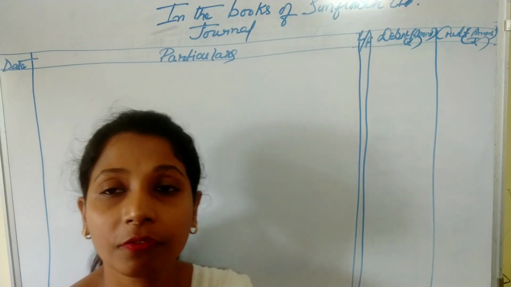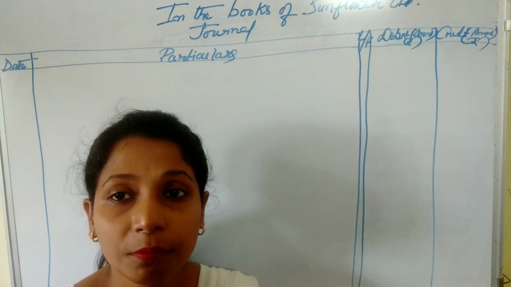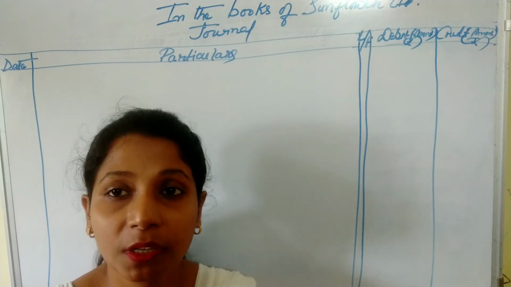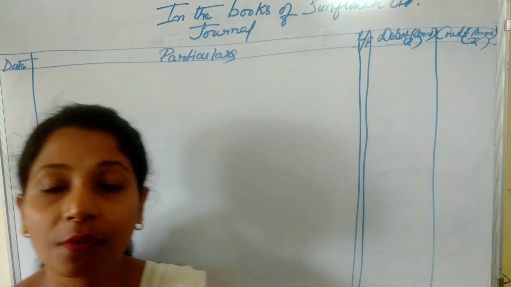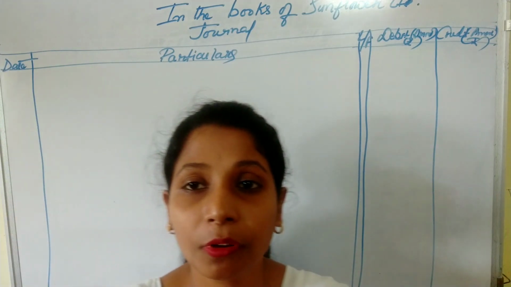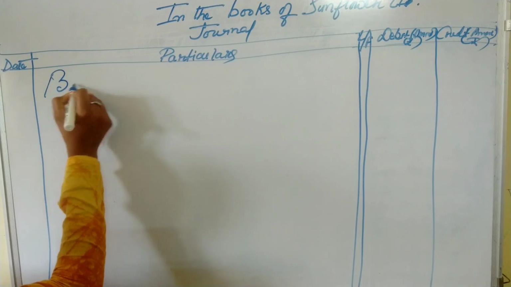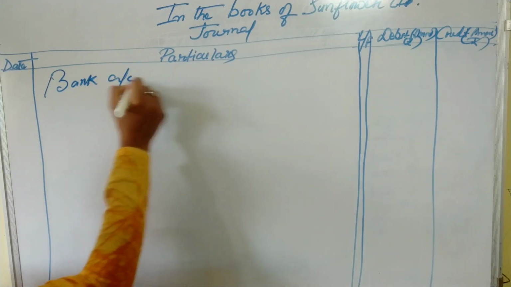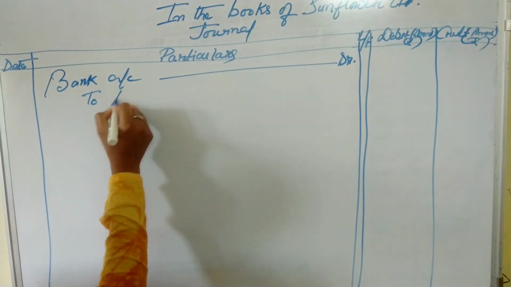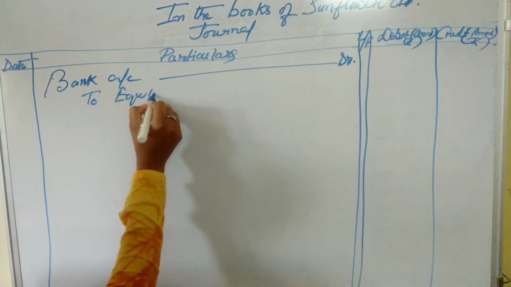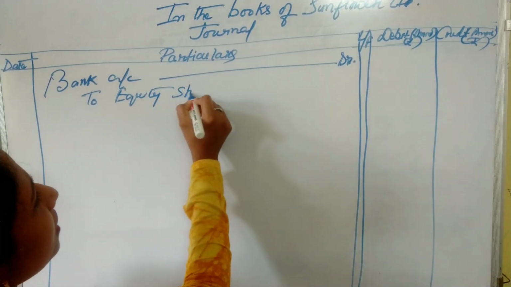So first of all, we will give the receiving entry of application money. The receiving entry of application money is bank account debit to equity share application account. As the class of our shares is equity, we will write equity share application account. Bank account debit to equity share application account.